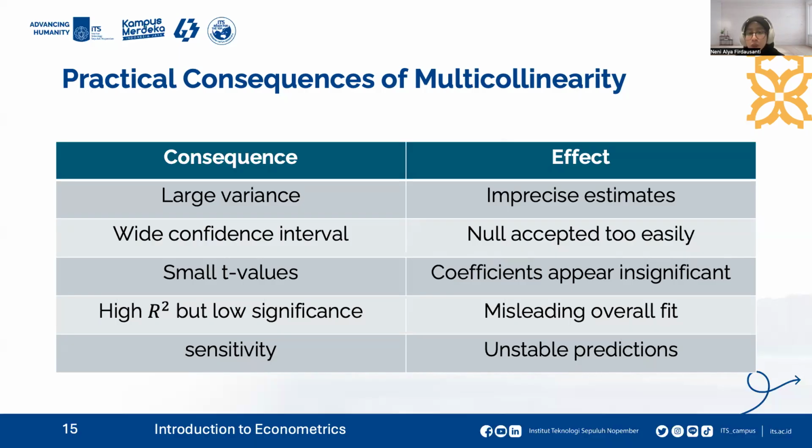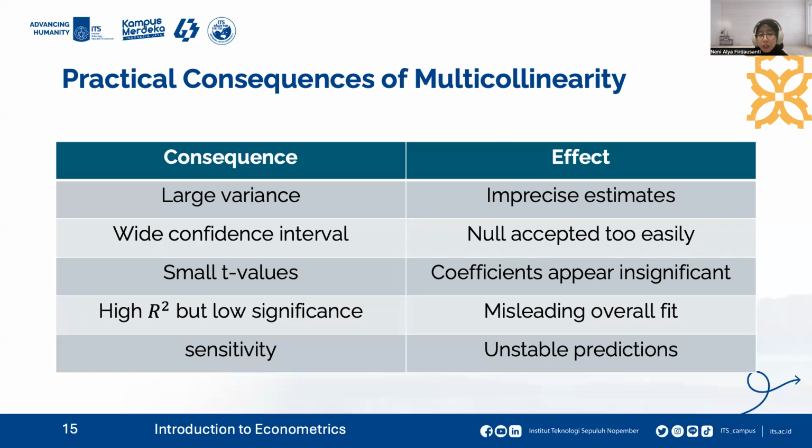The second consequence is wide confidence intervals. Because variance is related to confidence intervals, the intervals become wider, which leads to accepting the null hypothesis more easily, even when we are supposed to reject it. So we will fail to detect significant predictors.